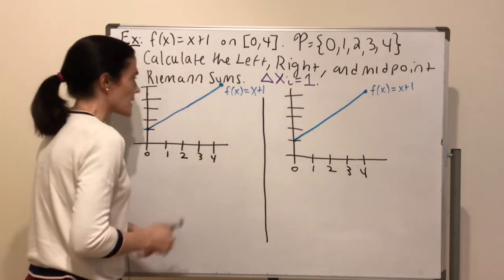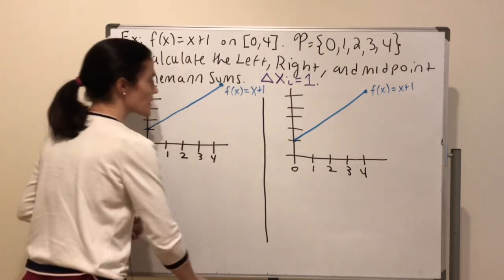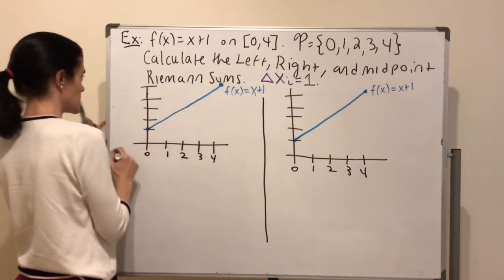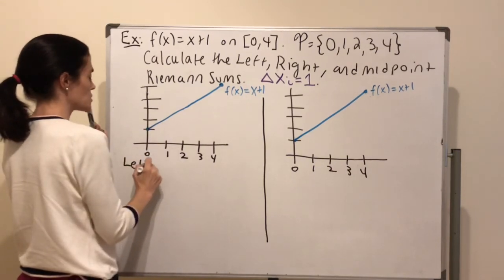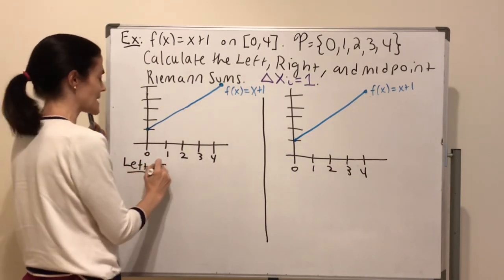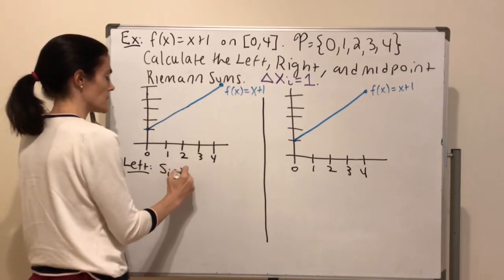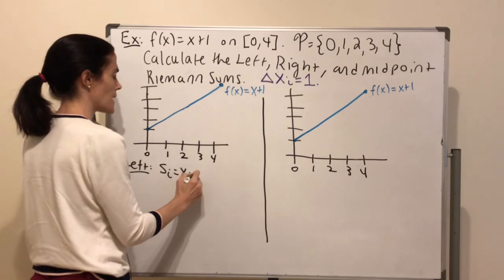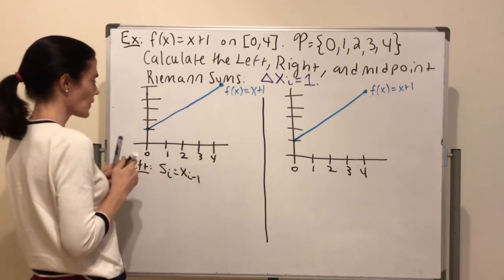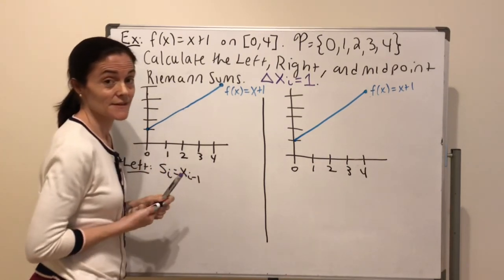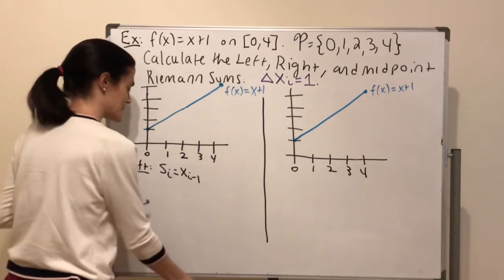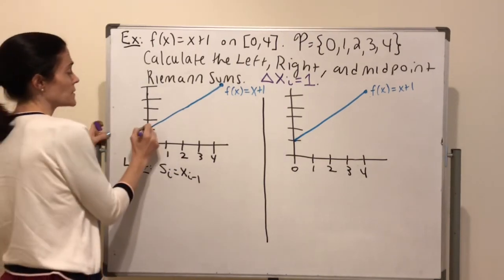Okay, well, we will start over here with the left Riemann sum in this picture. And what that means is that this sample point is the left endpoint. So this will be xi minus 1. Now let's draw the rectangles and then we will calculate the Riemann sum. So we take the left endpoint, it's here.